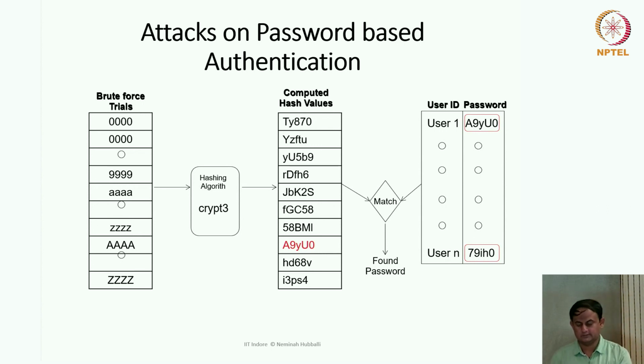So here in this case, from all zeros to all nines to G, all these are possible combinations of letters and digits. You take these as input, supply that input to the hashing algorithm, and generate the hash values. Again, if it is not salted, then every word generated here will result in one entry in the pre-computed hash value file.